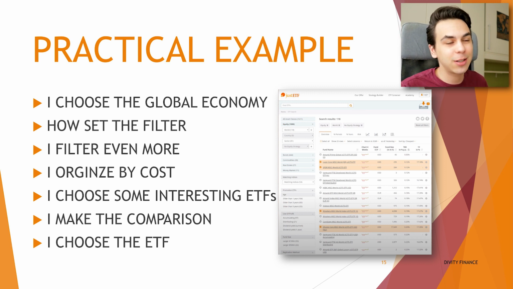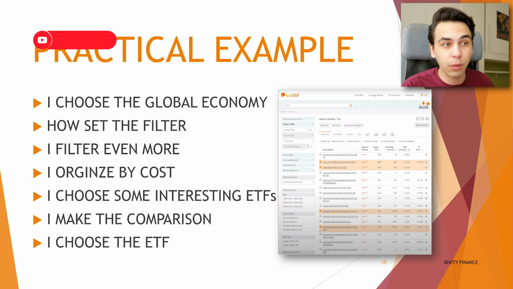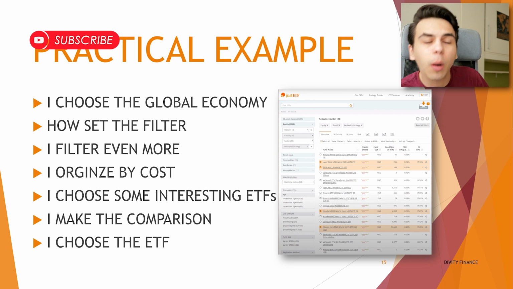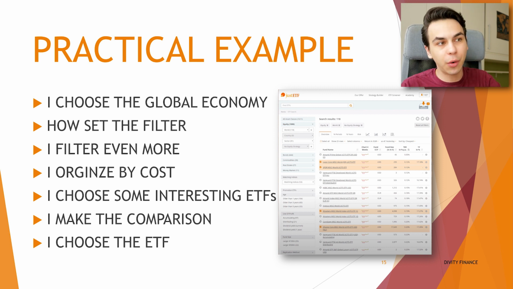Not that I have $100,000 to invest, but in general terms, it's much better to go with the Xtrackers, for example, MSCI World Index with $4 billion, or almost five. Is that five? No, it's $4 billion. Or even better, the iShares with $17 billion. So these are the 4 best ETFs that I could choose from this list.